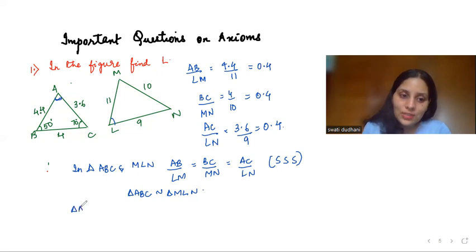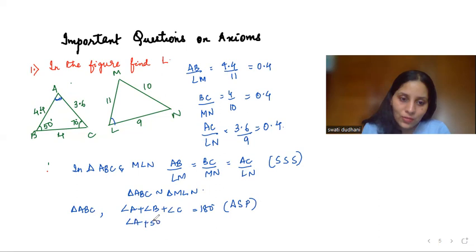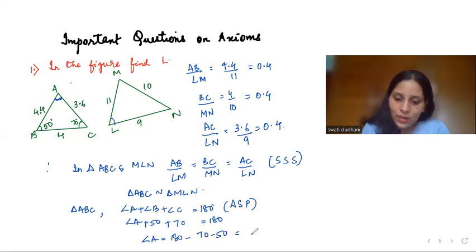If I consider triangle ABC, angle A plus angle B plus angle C is equal to 180 degrees, by the angle sum property, ASP. So angle A plus 50 plus 70 is 180, so angle A will be equal to 180 minus 70 minus 50, which gives me 60 degrees.